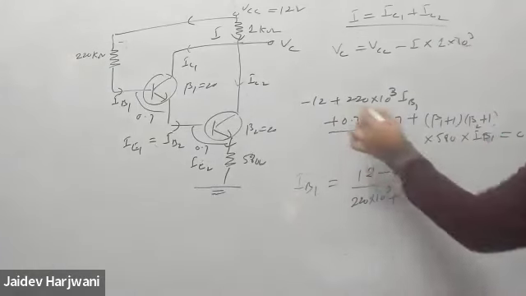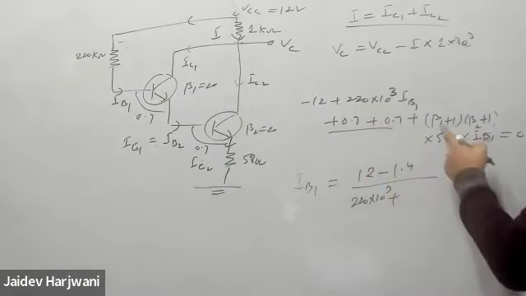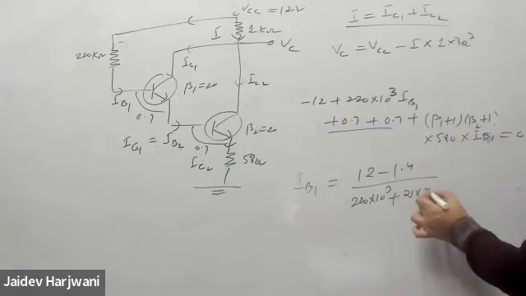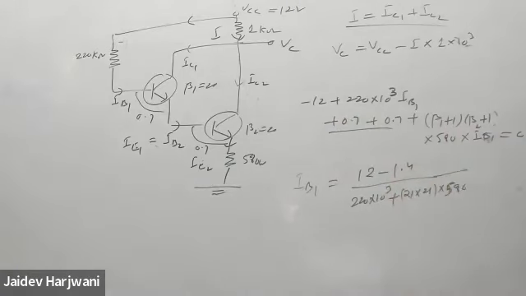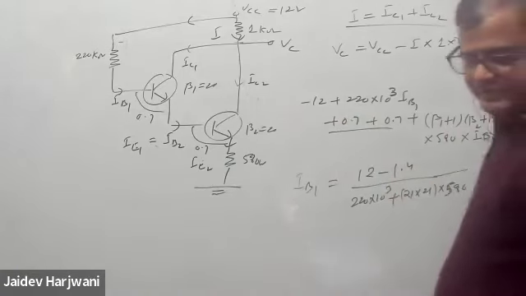So this becomes 12 minus 1.4 over 220 kilo ohm plus 21 into 580. This is the value of IB1.